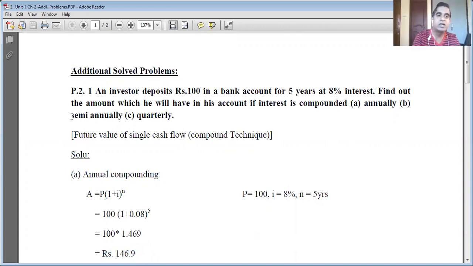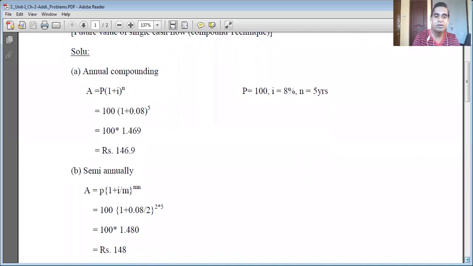If the interest is compounded twice in a year, or credited twice in a year, we call it semi-annual compounding. In semi-annual compounding, we use this equation, if you can recall: capital A is equal to capital P into bracket 1 plus small i divided by small m, bracket complete, whole raised to small m into small n.